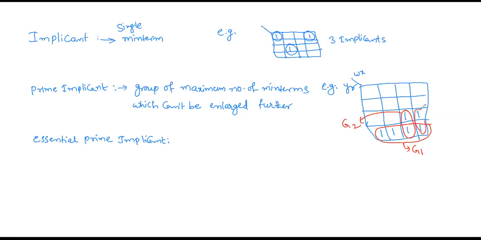These two you can form as a group, G3. Now, see here, in this example, G1 is called a prime implicant.